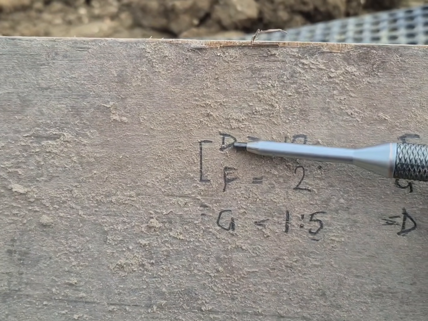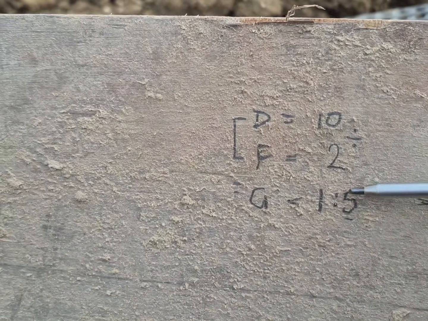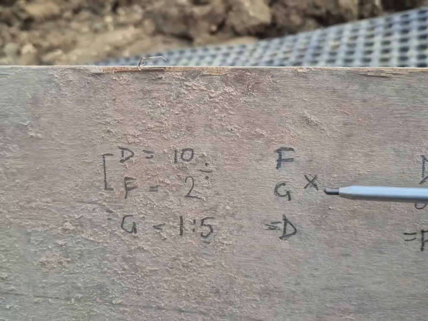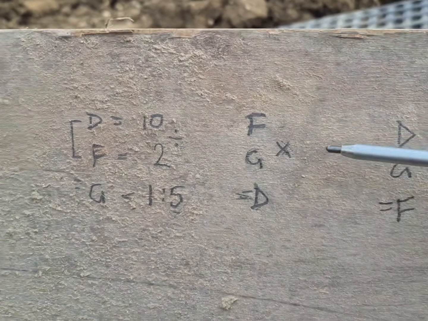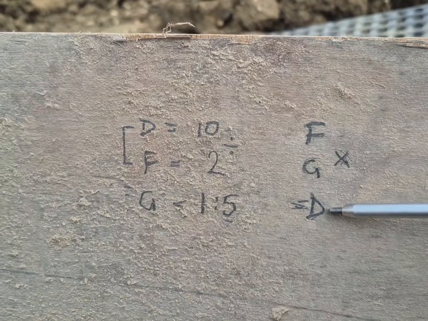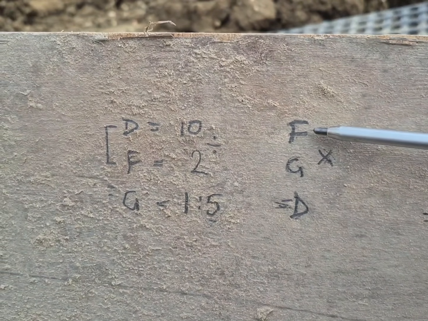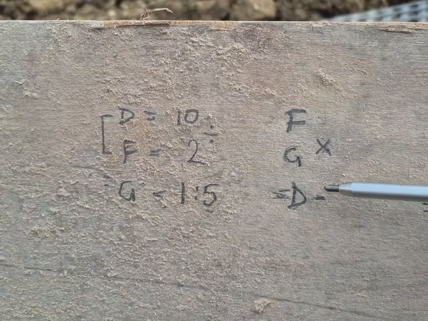The distance divided by the fall will give us a 1 in 5 gradient, and 5 is the number that we take. So for example, if we wanted to find the distance, we use those two figures, but we just multiply the fall by the gradient, and that will give us a distance if we didn't know that.